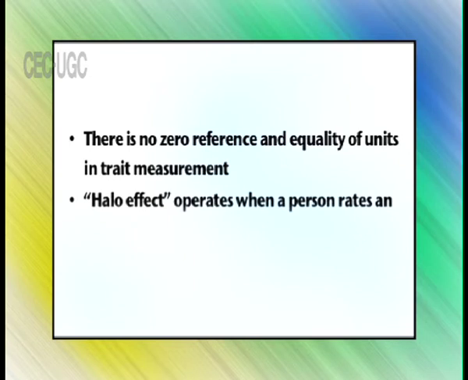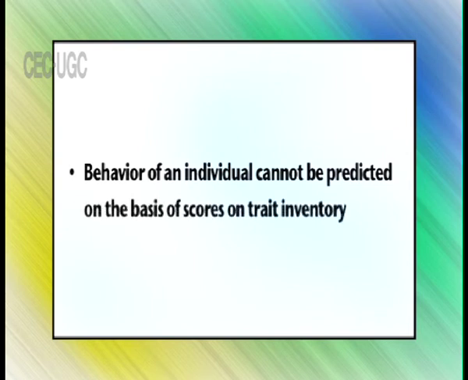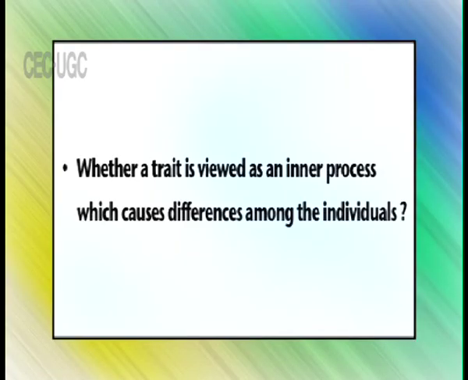Halo effect operates when a person rates an individual very high on a specific trait. He may rate the same person on the other trait equally high. Behavior of an individual cannot be predicted on the basis of scores on trait inventory. The last criticism against trait theory is whether a trait is viewed as an inner process which causes differences among the individuals.